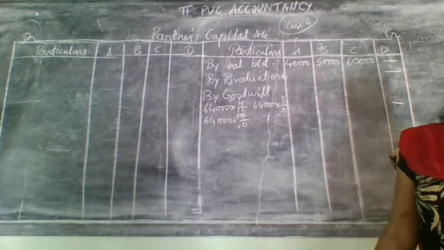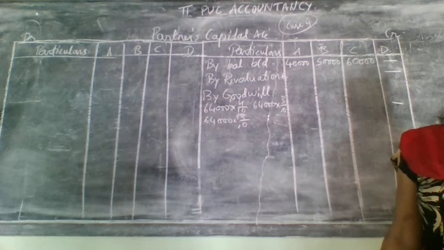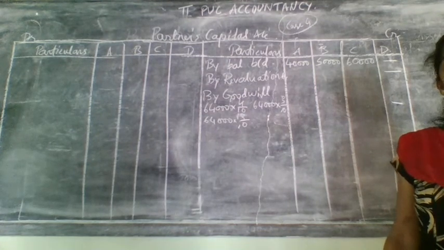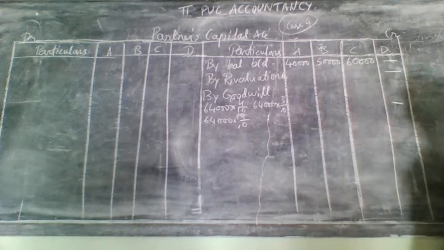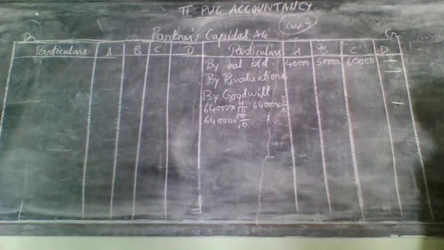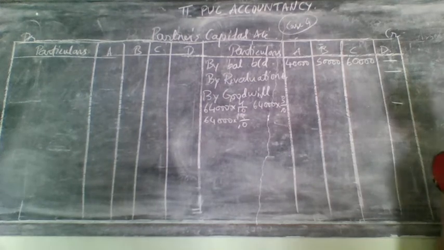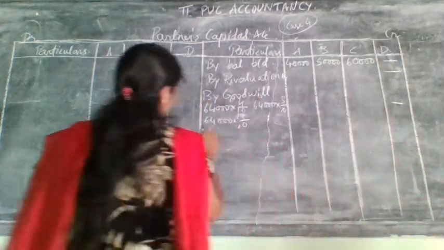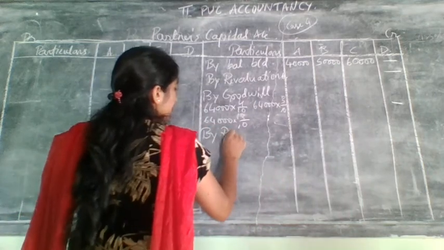Okay, after distributing that, next they have checked in the liability side whether reserve fund or general reserve or reserve is there. Here in this problem they have given reserve, that is 32,000. So that also you need to write here by reserves.